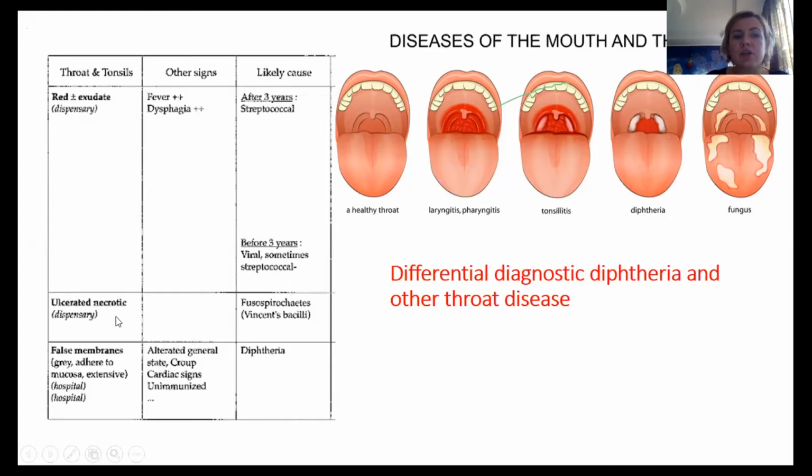Next, ulcerated necrotic tonsillitis is caused by fusospirochetosis, and we call it Vincent angina. In diphtheria, the false membrane is gray, adherent to the mucosa, extensive, and very difficult to remove, with an altered general state.